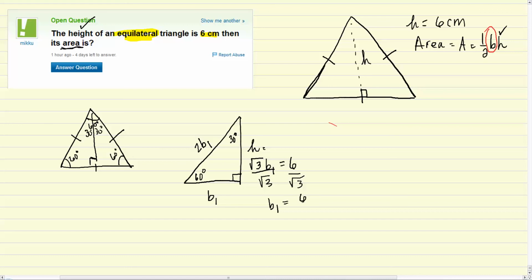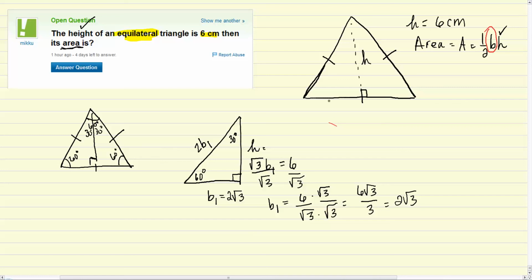So we find that B1 is 6 over square root of 3. And just to rationalize our denominator, we get 2 square root of 3. So we know this guy is 2 square root of 3.